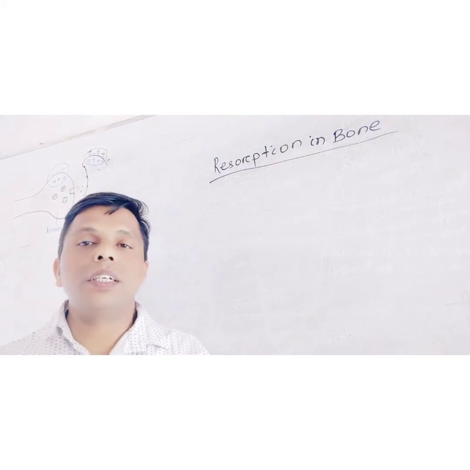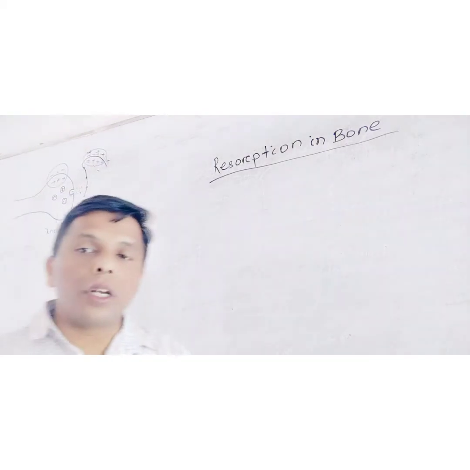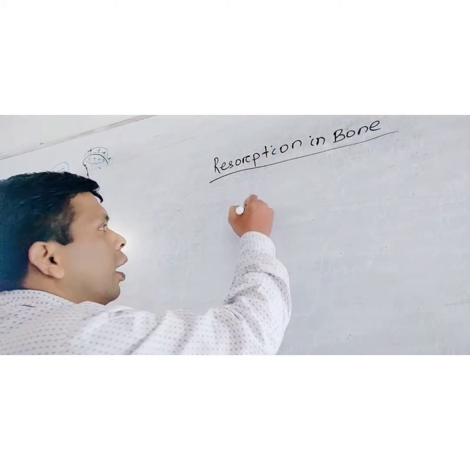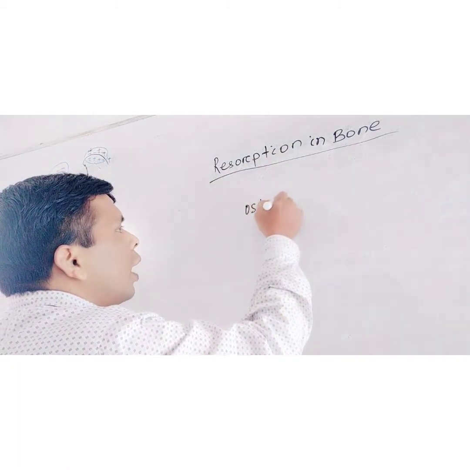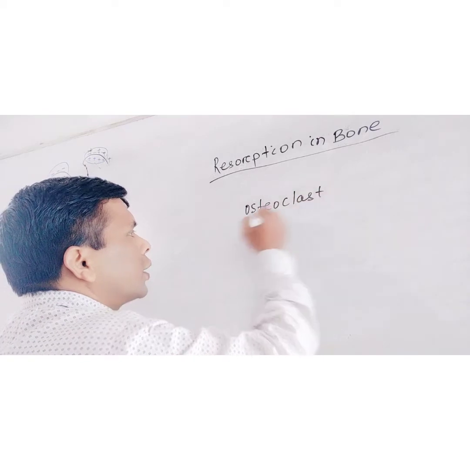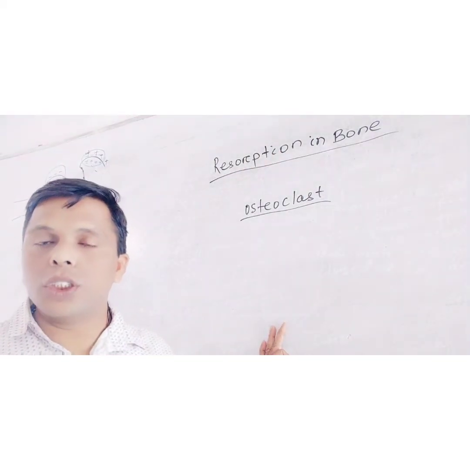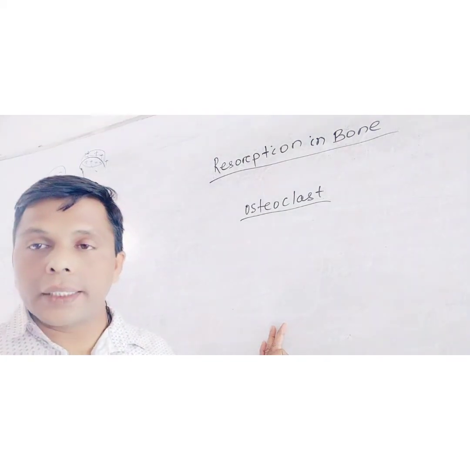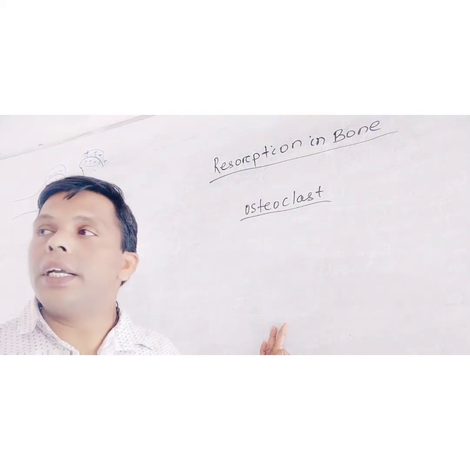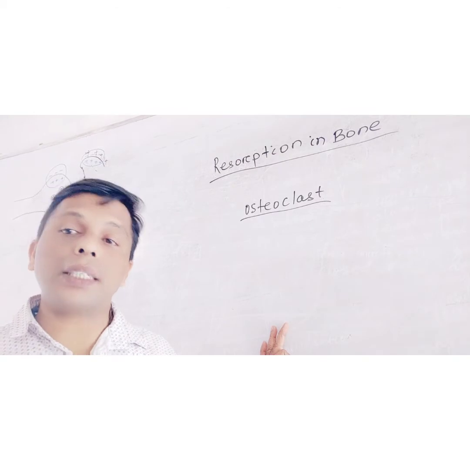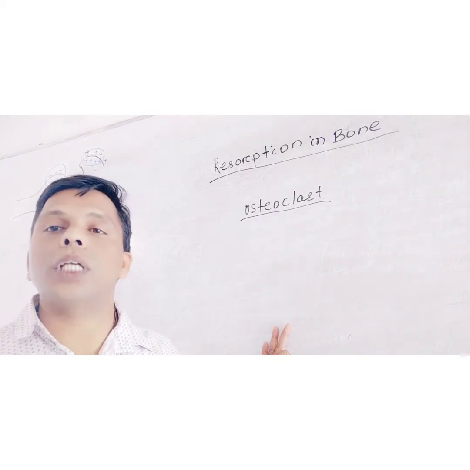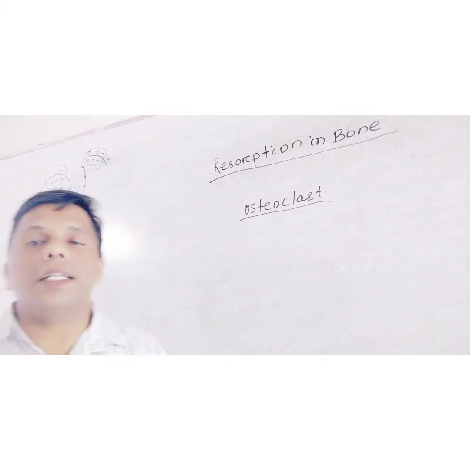And especially this resorption is carried out by osteoclast cells. We know osteoclast cells are special multinucleated cells present near the osteoblast layer. Prior to the osteocytic cell, the osteoclast cells are present.